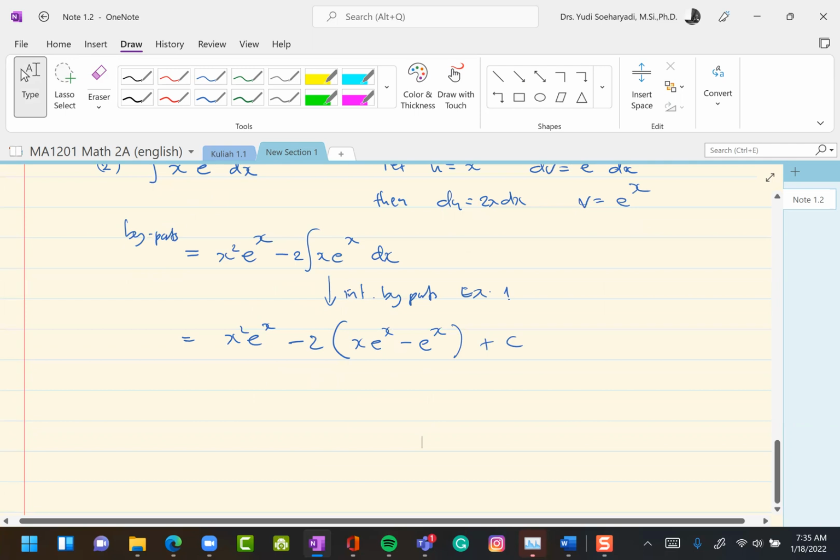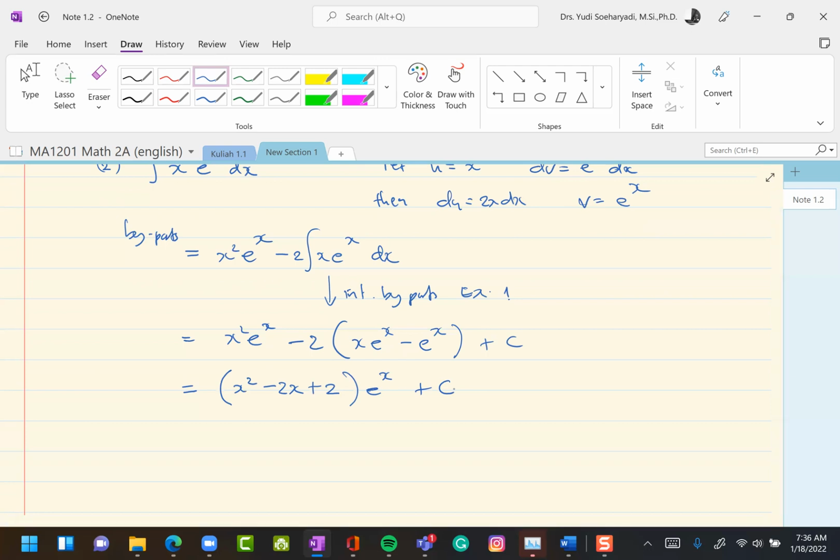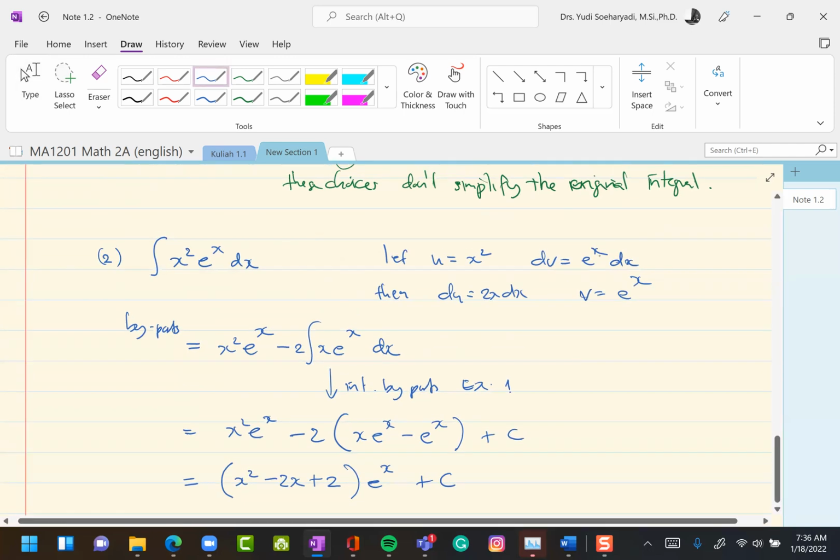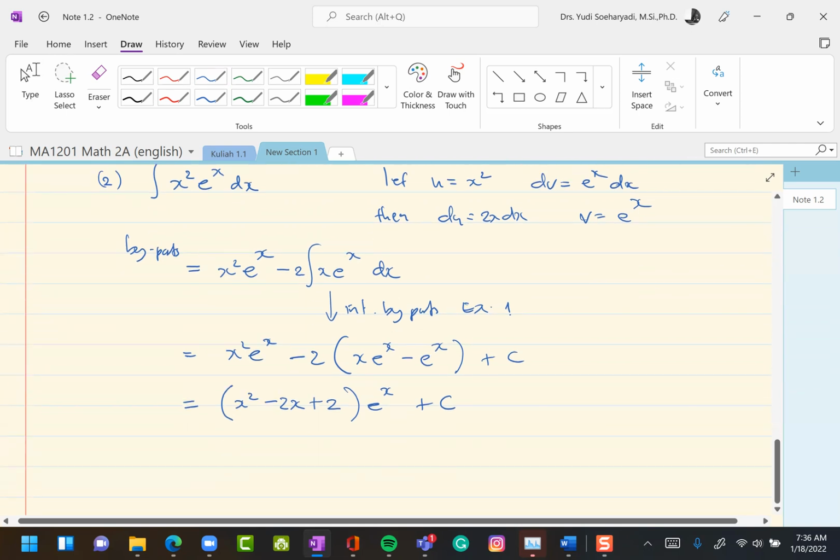Or you might want to write this down as, this is a quadratic, because of x squared, you take the e to the x out, so x squared minus 2x plus 2 times e to the x. Okay. So the choice for u and v matters. It's important.